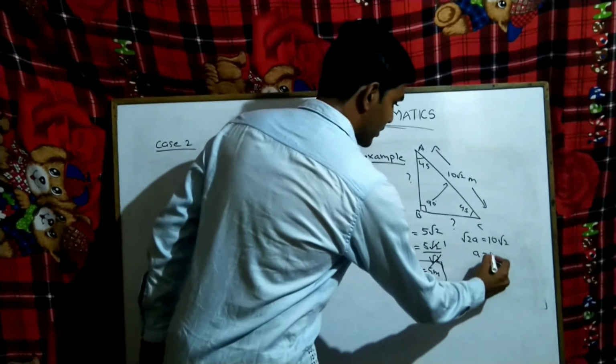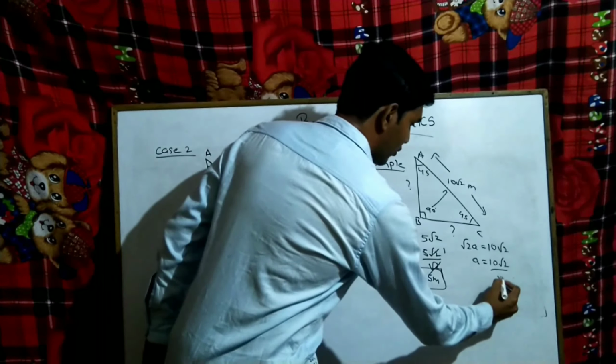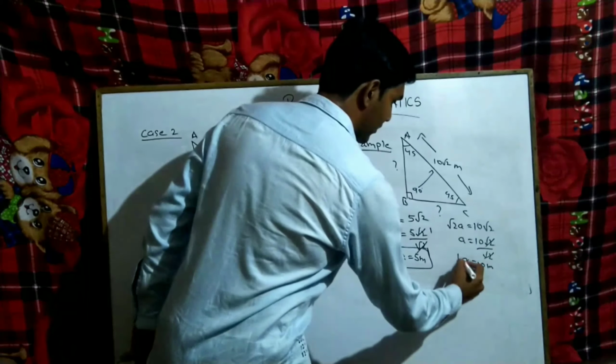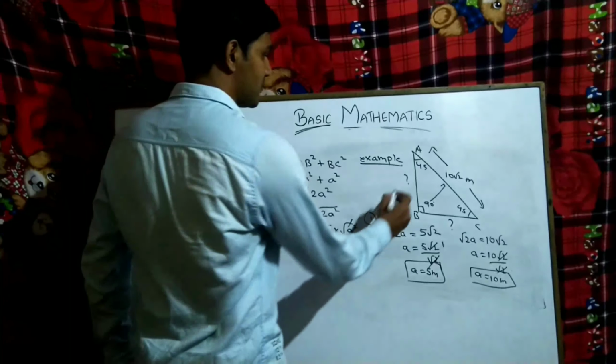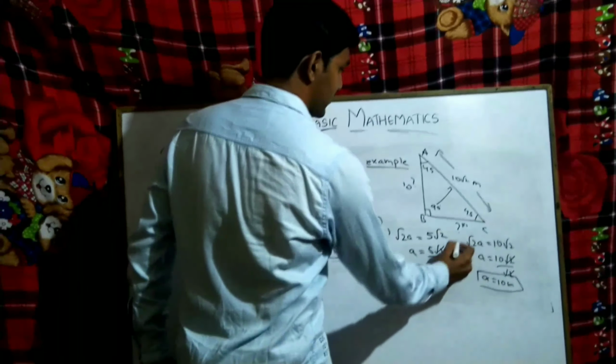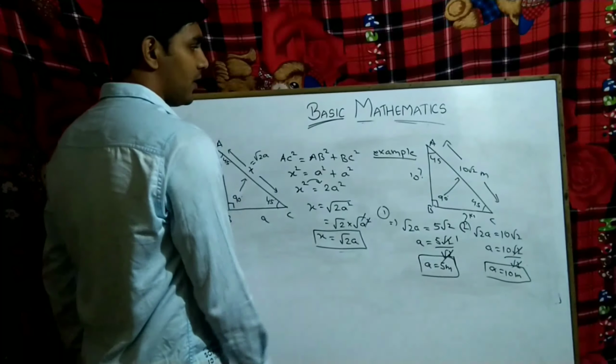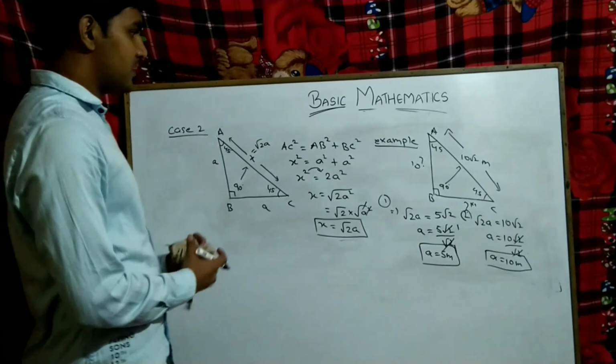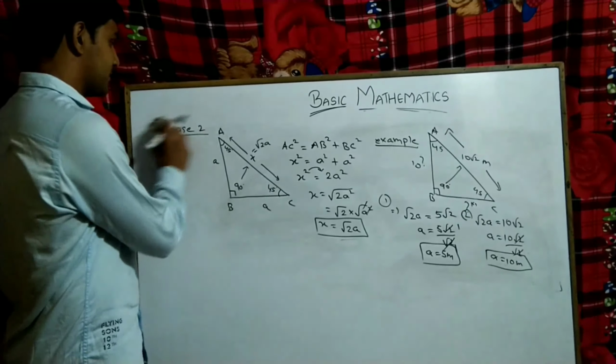So A is equal to 10 root 2 by root 2. So root 2 cancels. So A is equal to 10 meter. Okay, so this becomes 10. This also becomes 10. This is the second example. Okay, clear? I hope you are clear on this second case. Now let's discuss third case.